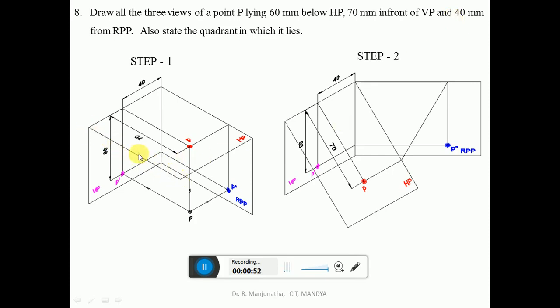So we have this point as 0 degree, here it is the positive side, and from here it goes on the negative side, so plus comma minus, so it comes in the fourth quadrant. So in the fourth quadrant a point is below HP and in front of VP. So this is the condition for the point to be in the fourth quadrant.